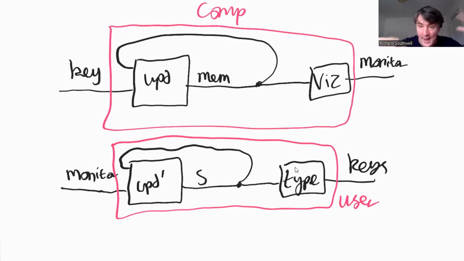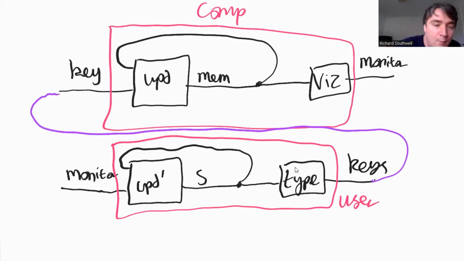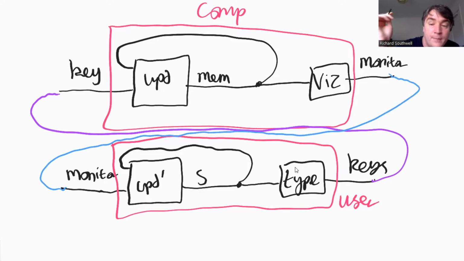And then if we have someone who's always using a computer, then we can think about the system as being wired together like this. So, the computer gets the keys pressed, it updates its memory, it sends out some photons that go into the eyes of the user, that updates their brain state, then they type things, and then the key presses go back round to the computer.